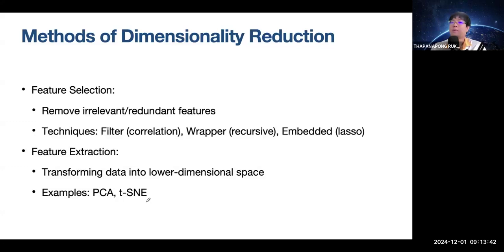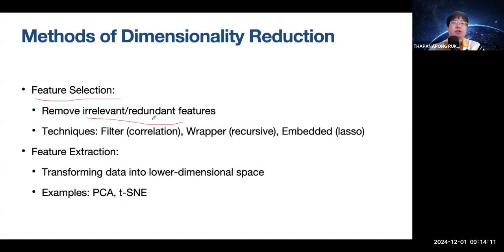Within dimensionality reduction techniques, there are two main categories. The first one is called feature selection. As the name suggests, we select a subset of features, or you remove irrelevant or redundant ones.